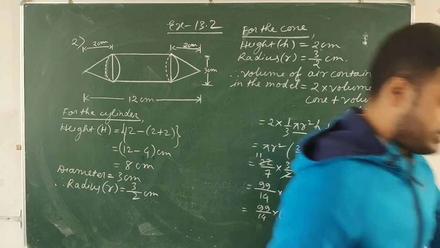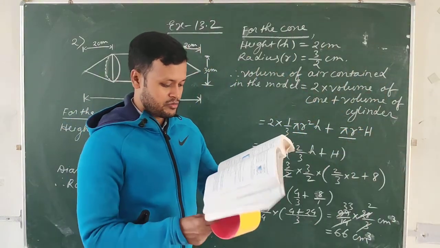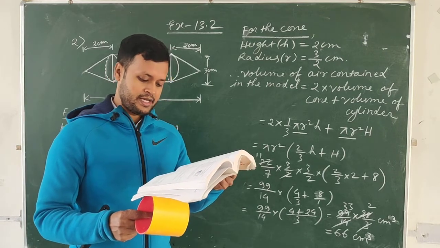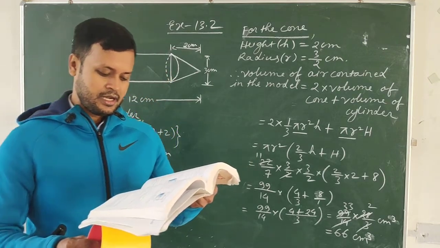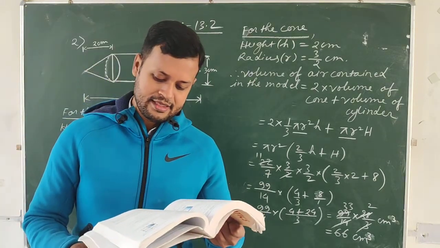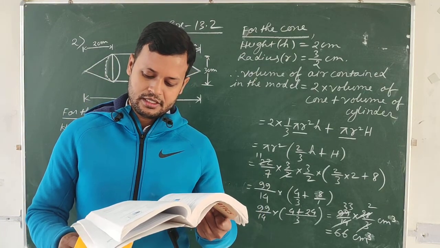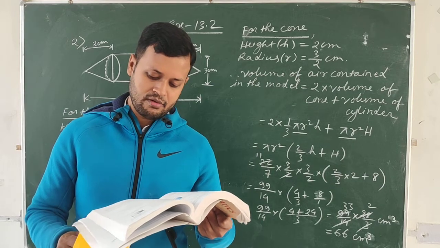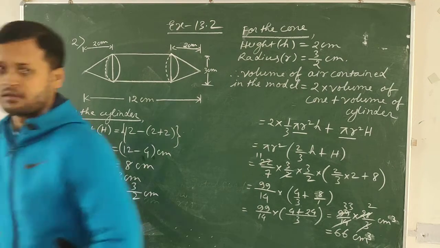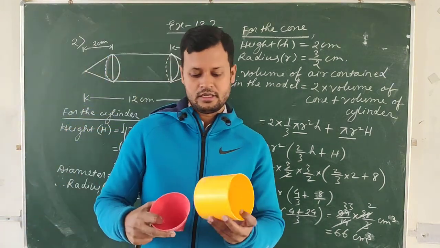Rachel, an engineering student, was asked to make a model shaped like a cylinder with two cones attached at its two ends by a thin aluminum sheet. The diameter of the model is 3 cm and its length is 12 cm. If each cone has a height of 2 cm, find the volume of air contained in the model that Rachel made. Okay. So just imagine the shape is just like this.